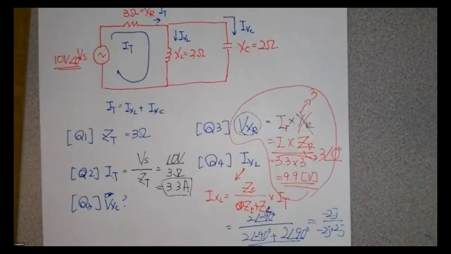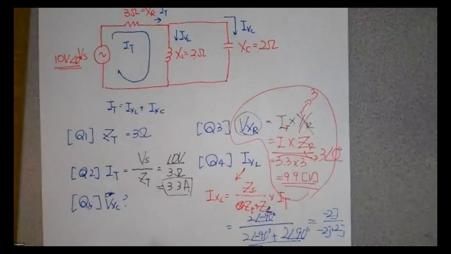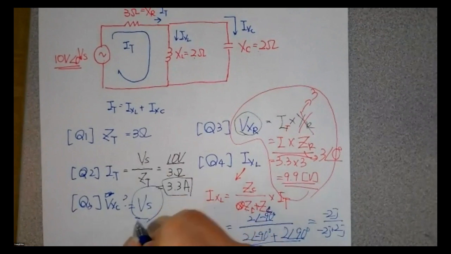Okay. And then what is the V sub X sub C? That is the open circuit. Okay, that is the open circuit, means should be the same like this one. So 10 volt. Okay. All right.